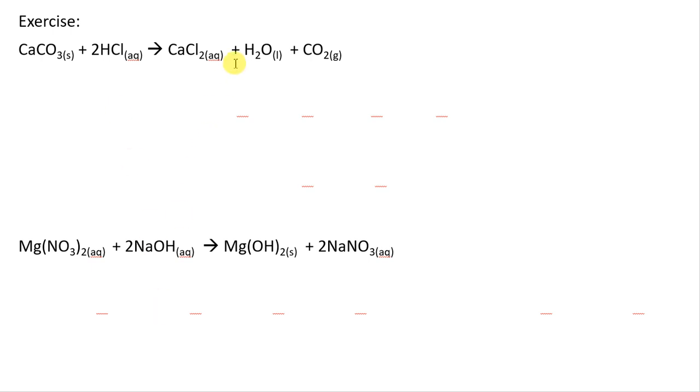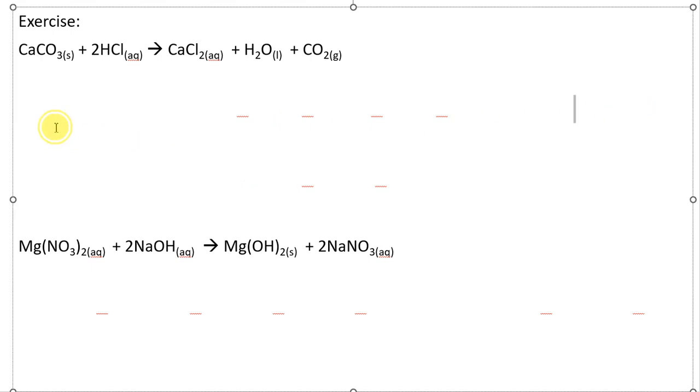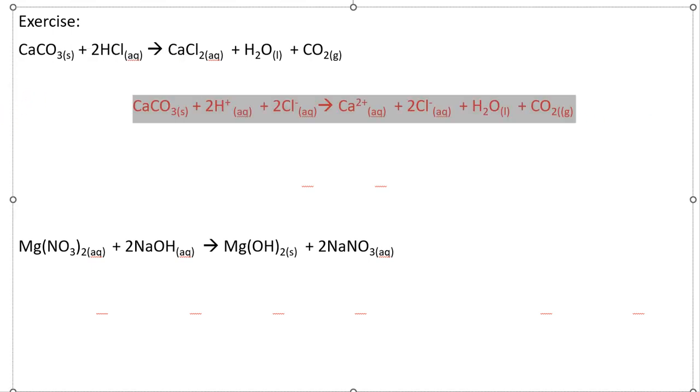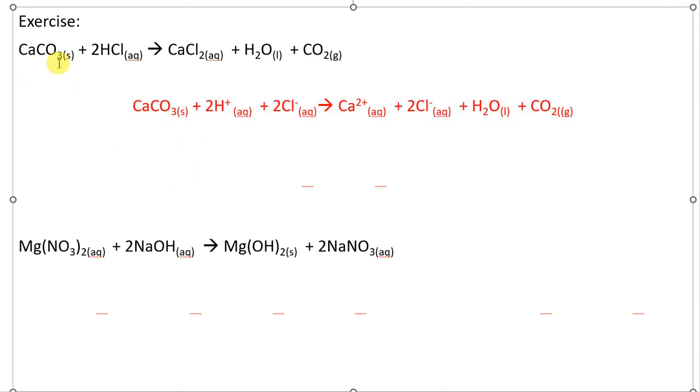Aqueous CaCl2, I must have Ca2 plus and 2Cl minus to go alongside it. And if we look at that, there, I didn't break up CaCO3. It's a solid. It's not broken up into individual ions. I do break up the HCl. It's aqueous. 2H plus, 2Cl minus.